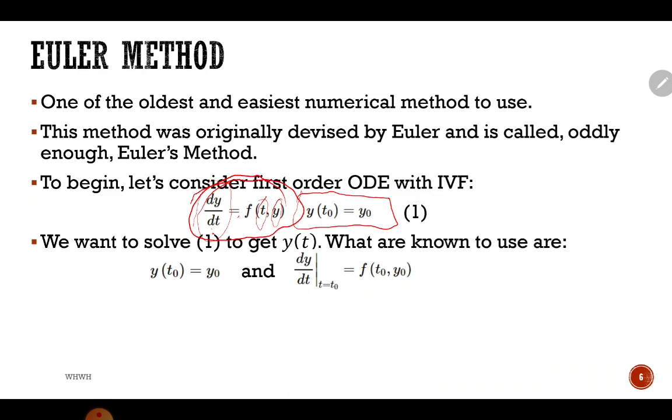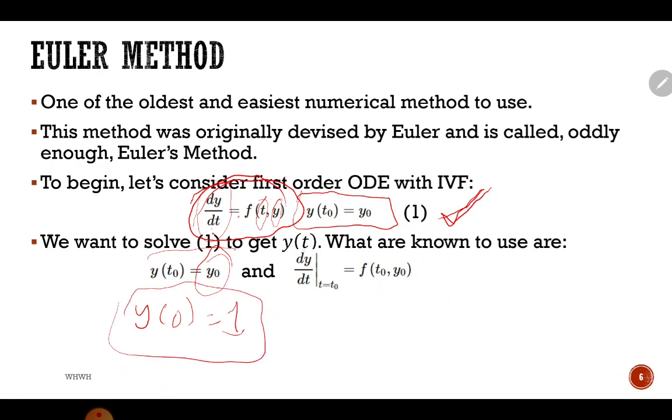In order to solve this, we need to know what y is at t equals 0. We need to know this value. Usually y0 equals 1, for example, is given to us.